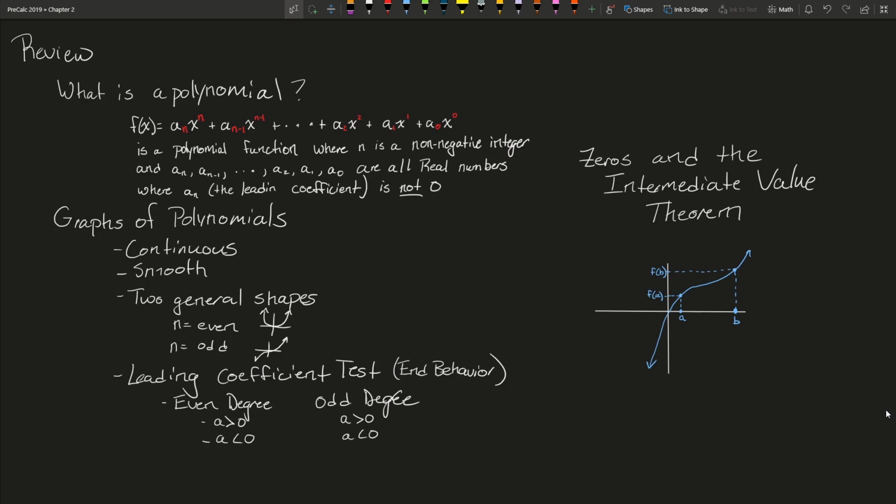Again, this is split up into even and odd, and then their leading coefficient being greater than 0 or less than 0. Then we went over zeros and the intermediate value theorem, which basically lets us approximate zeros, or lets us determine what happens between two zeros in a graph. So again, I understand that this is a lot of information, but all of these things are very important in order to analyze a graph or analyze a function.